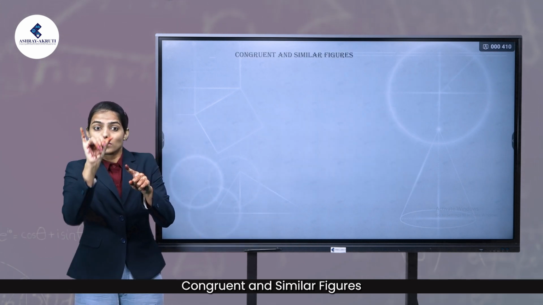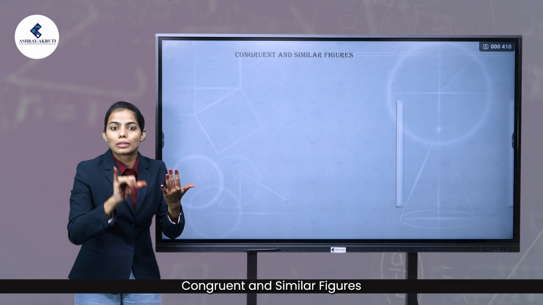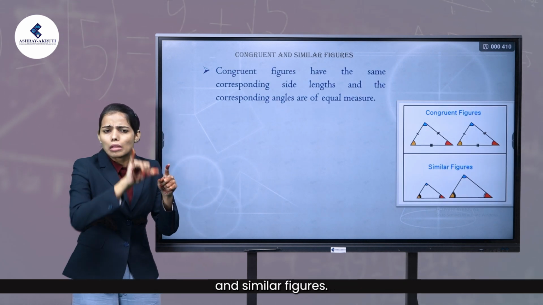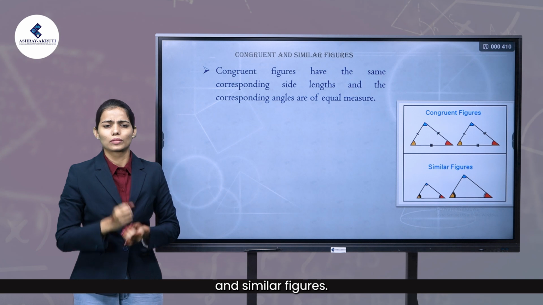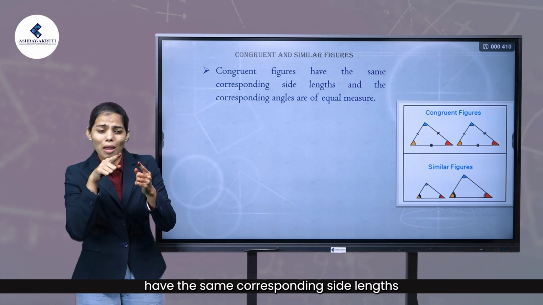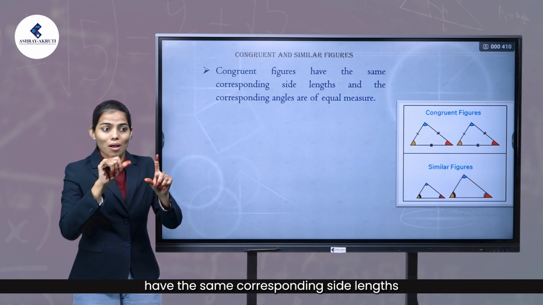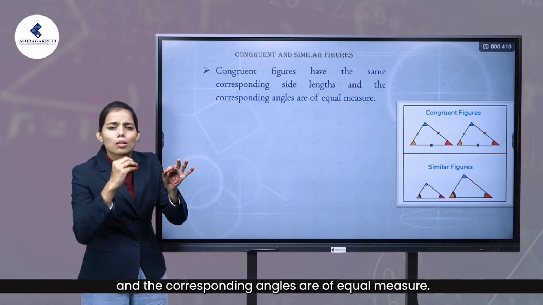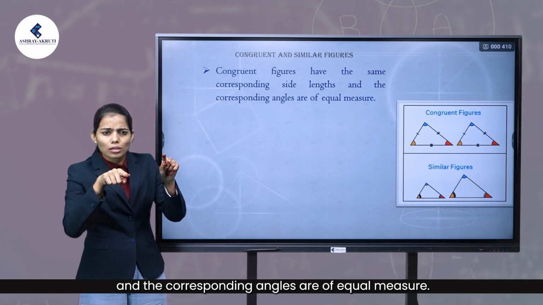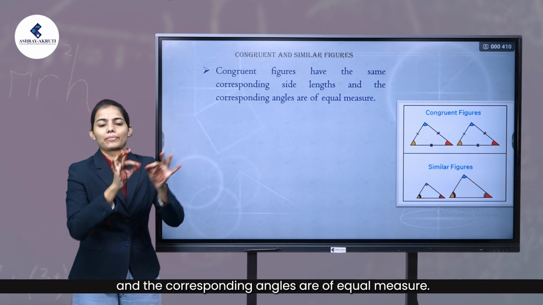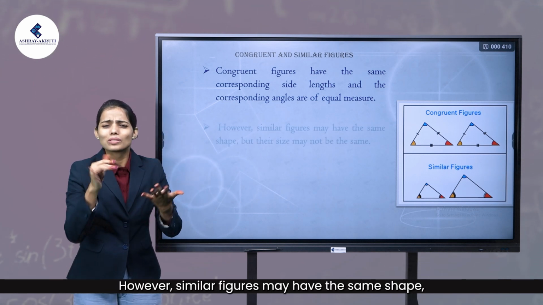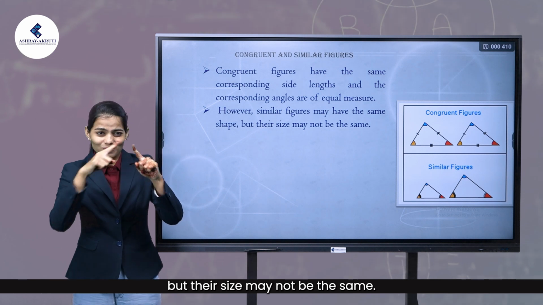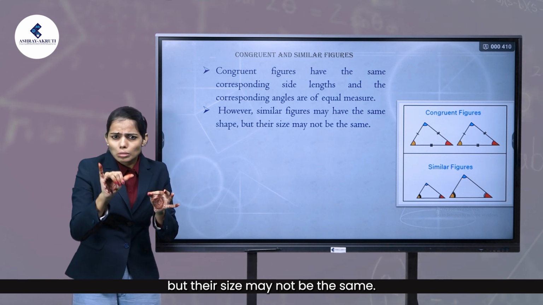Congruent and similar figures. There is a difference between congruent and similar figures. Congruent figures have the same corresponding side lengths and the corresponding angles are of equal measure. However, similar figures may have the same shape, but their size may not be the same.